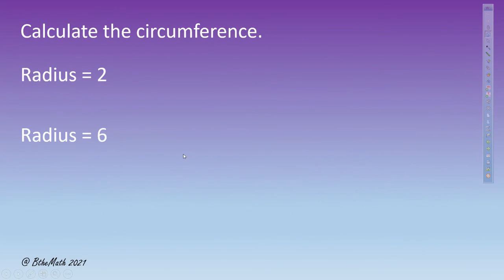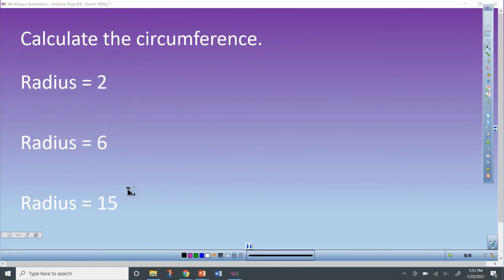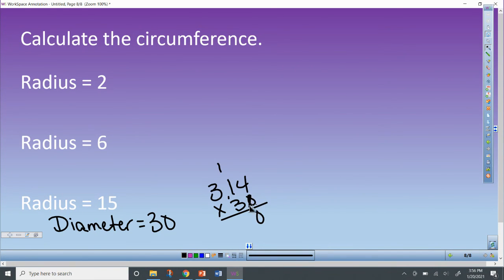And the last one, a radius of 15. Hopefully by now you've realized you're just doubling the radius and getting a diameter. So you end up with 94.20. 94.20 would be the circumference when you have a radius of 15 or a diameter of 30.